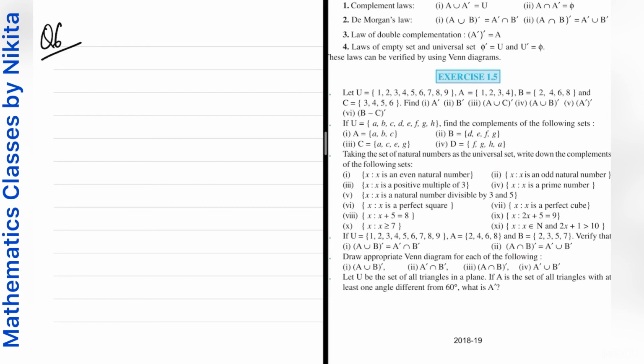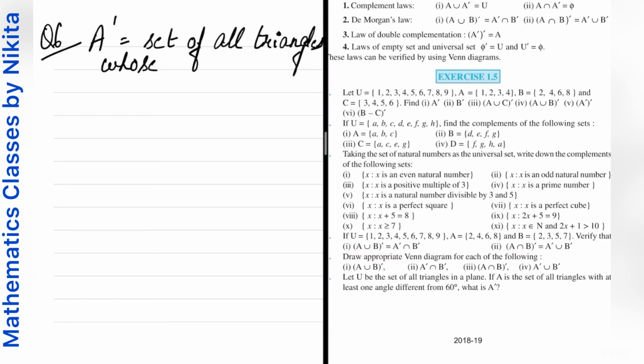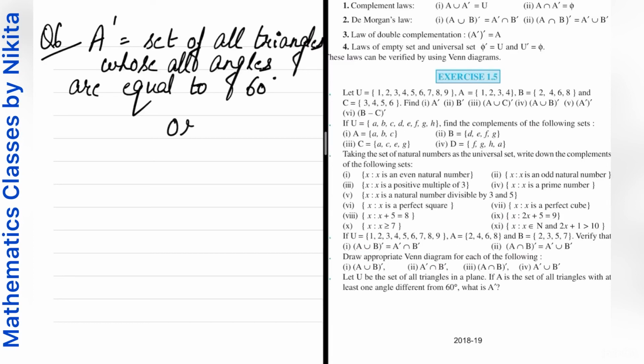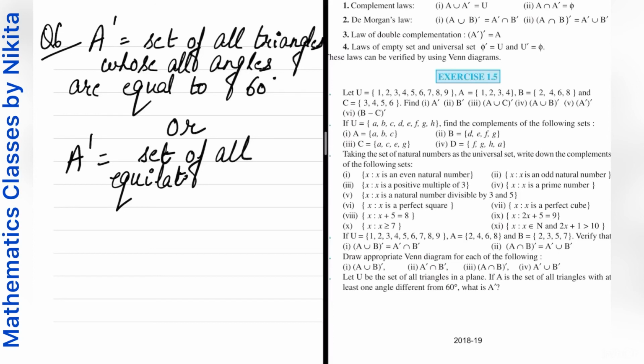So therefore I will write A complement is equal to the set of all triangles whose all angles are equal to 60 degree, or I can say that A complement is equal to the set of all equilateral triangles.